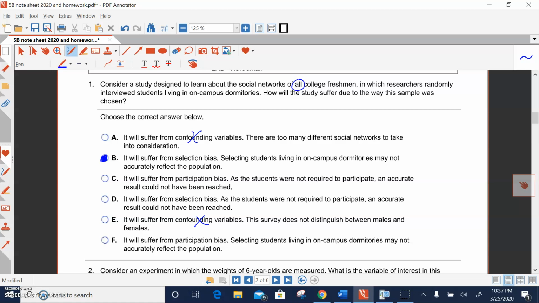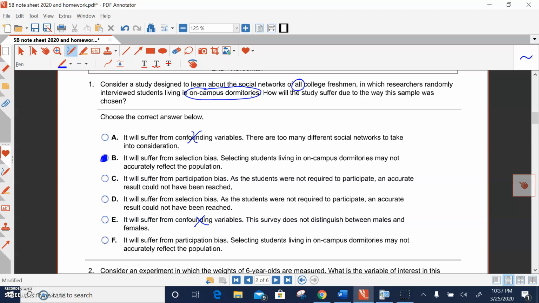The study is designed to learn about the social networks of all college freshmen. The researchers randomly interviewed students living in on-campus dormitories. So the question is, how will the study suffer due to the way that the sample was chosen? Well, if the goal is to learn about the social networks of all college freshmen, but they only chose to interview those living in on-campus dormitories, that is not a representative sample of all college freshmen.